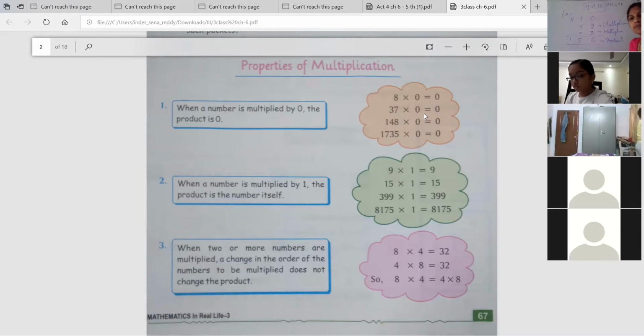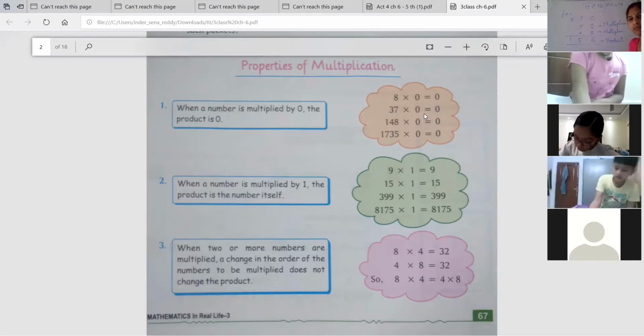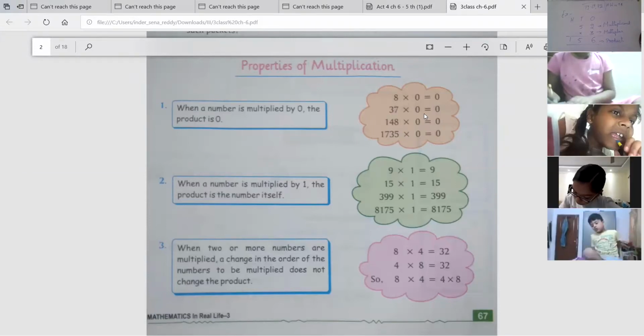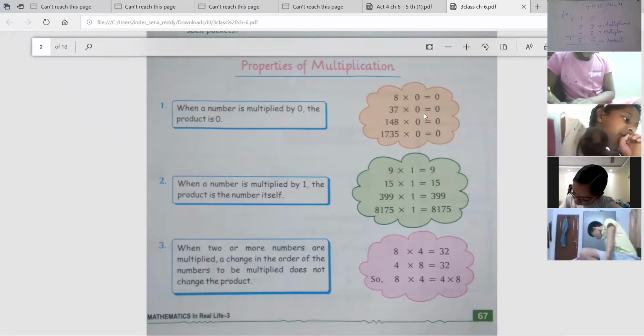Ma'am, can you scroll up? Ma'am, can you move aside? Multiplication. Ma'am, in the first one, can we write examples of our wish?